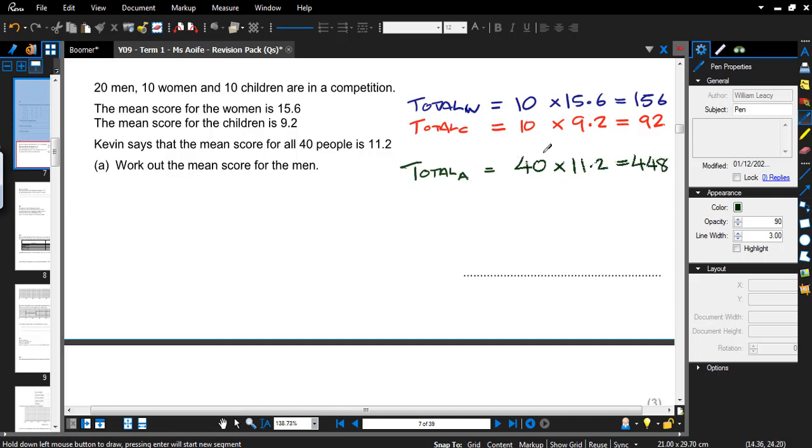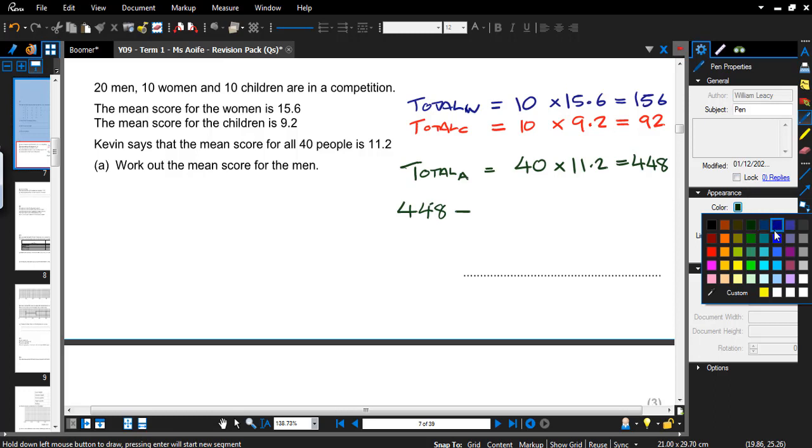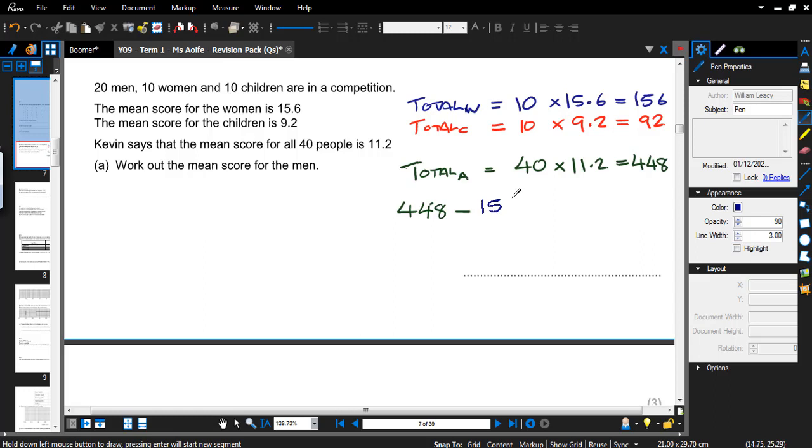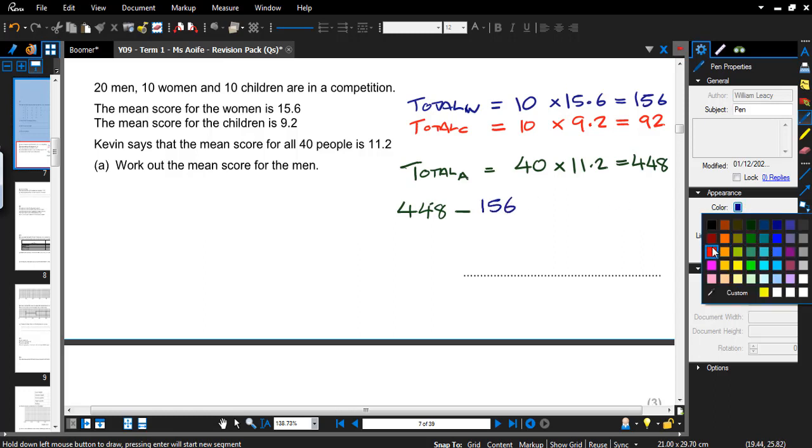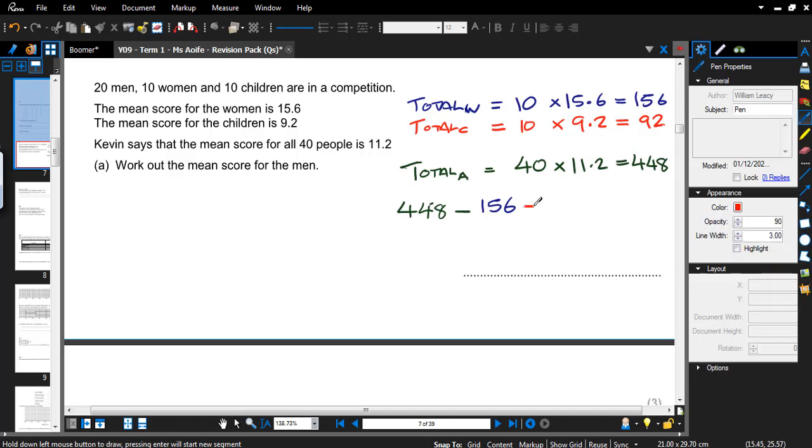So how would you get the total for the men? Well, it's going to be the total scored minus the women's score minus the children's score, and that will give us what the men have scored.